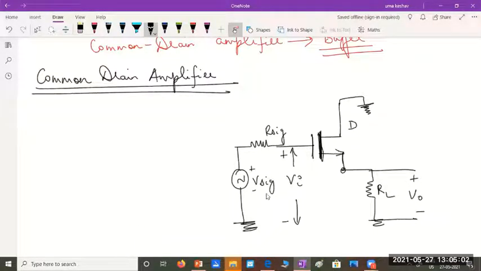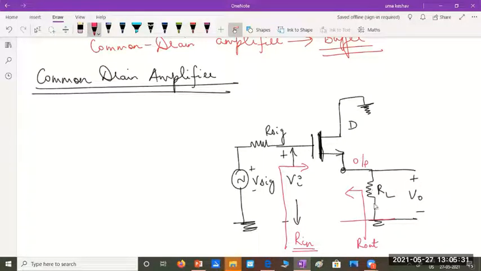So where do I measure the input impedance? As usual, the input impedance is measured after the signal generator. This is where you measure Rin. Where do you measure the output impedance? The output impedance should be measured at the output terminals. Remember, this is the output terminal, but before the load resistance RL.